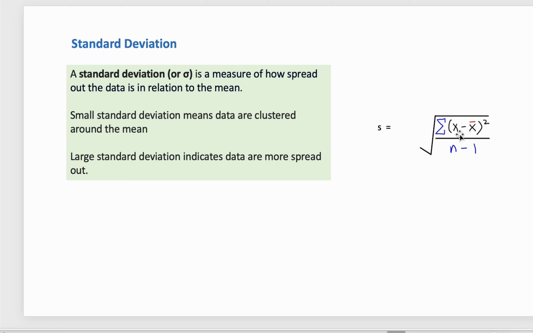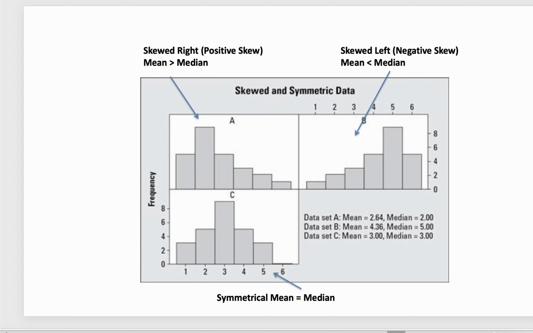And if it's skewed, there's going to be a lot of either big values that are going to make the standard deviation bigger, or a lot of small values that are going to make the standard deviation bigger. So if it is skewed, what do you want? If it is skewed, you want the median and the IQR. The median and the IQR.